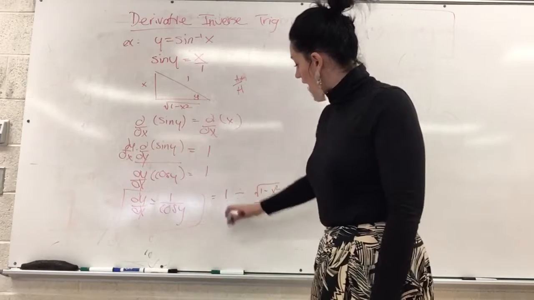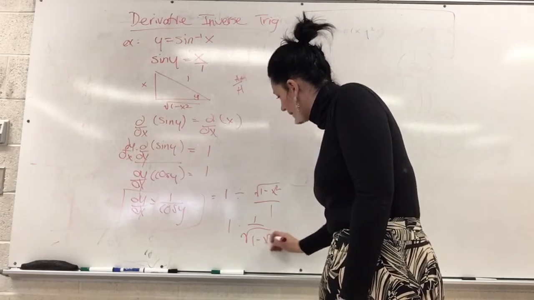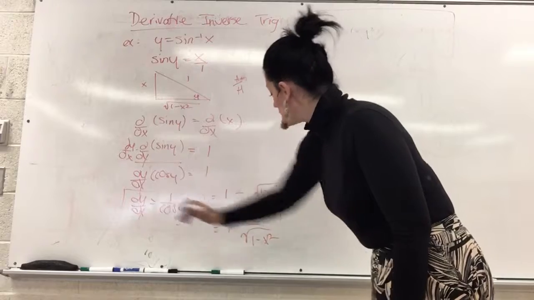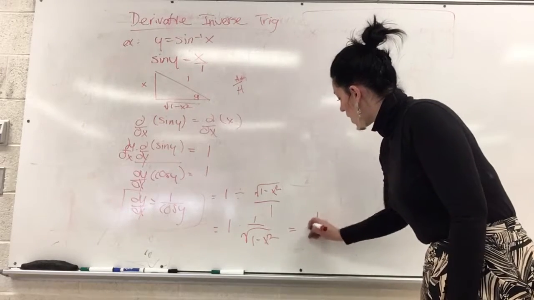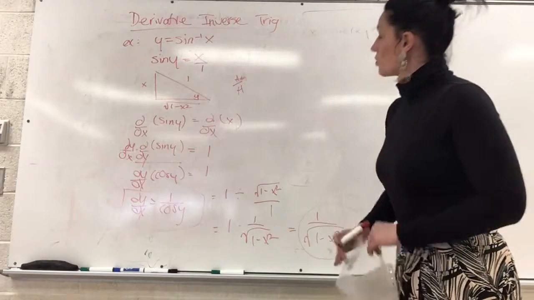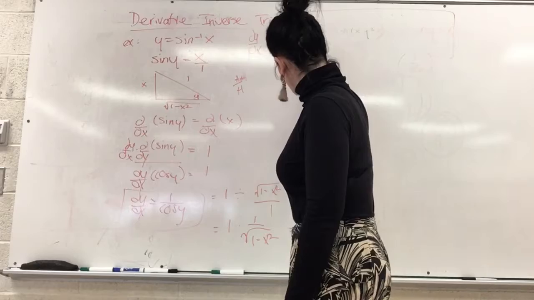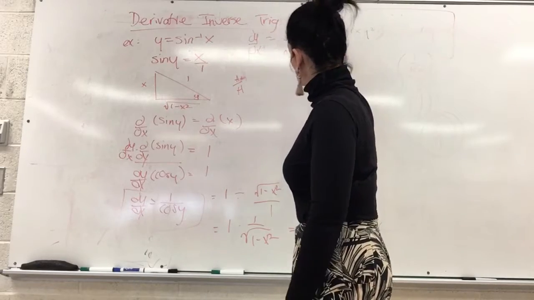And remember, when I divide fractions, I flip and multiply. Okay, so dy dx simply equals 1 over the square root of 1 minus x squared. So the derivative of inverse sine is 1 over the square root of 1 minus x squared.